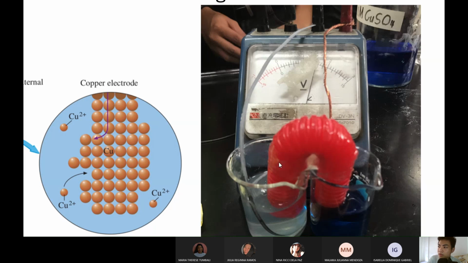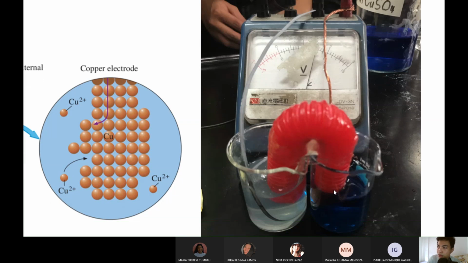In order to create a chemical cell, you should have two chemical solutions, then two metals, and in between them, you connect them with the salt bridge. In this particular case, this is magnesium, and this is copper. This is copper wire, copper solution, magnesium solution, and magnesium wire.